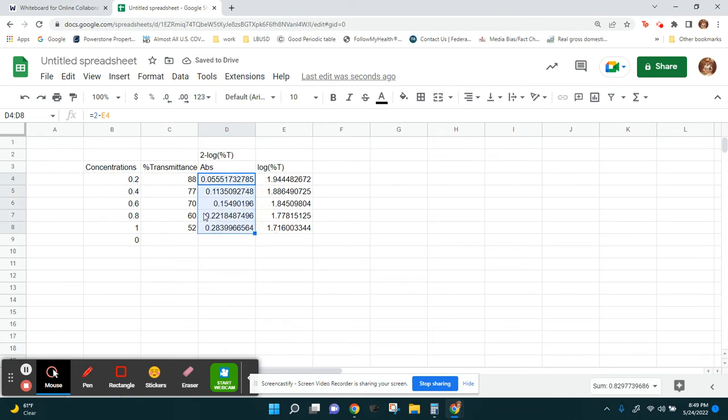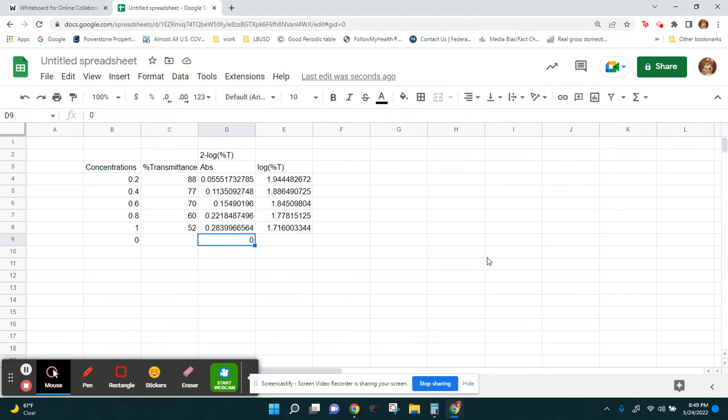This is my concentration. These are the columns that we're going to make a graph with. For concentration of 0, I'm going to put the absorbance as 0 artificially there, because we didn't take it, but you kind of did, because you zeroed a blank.